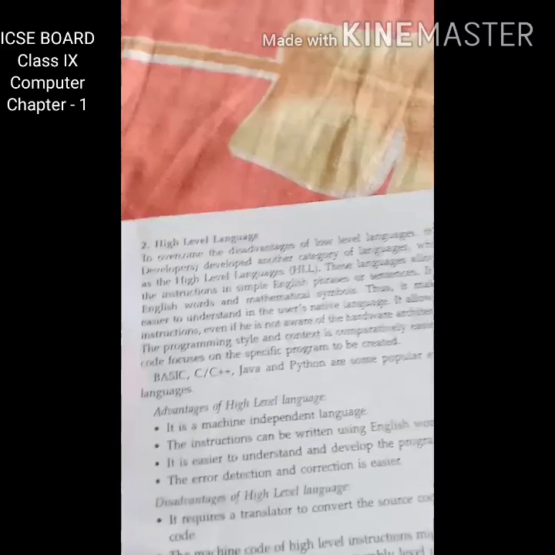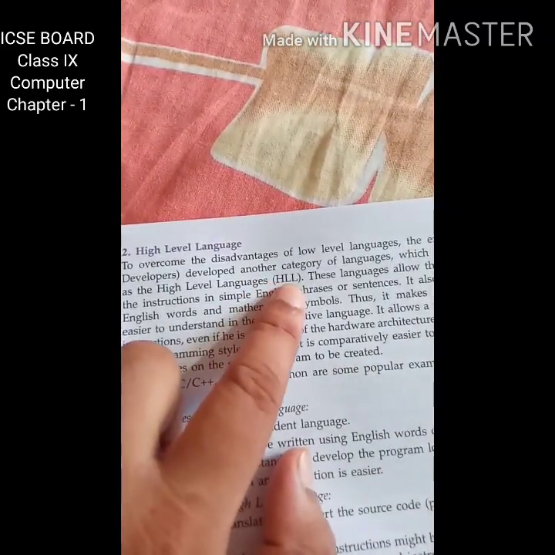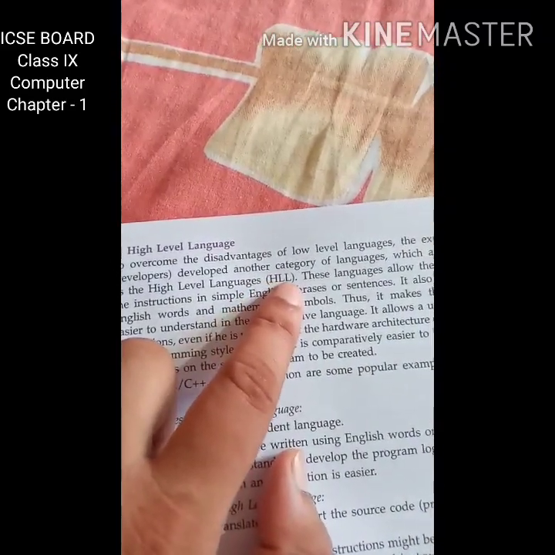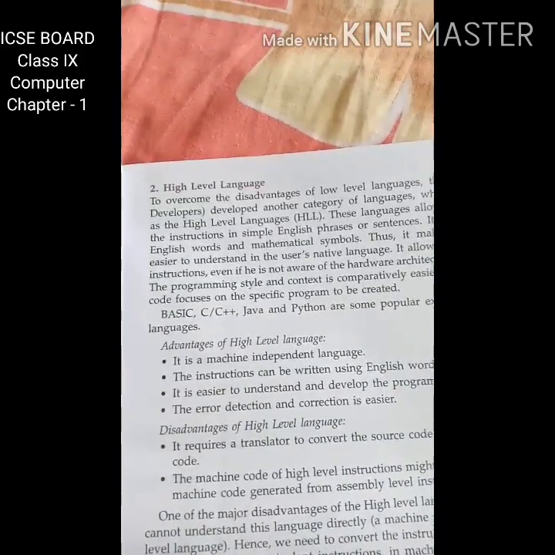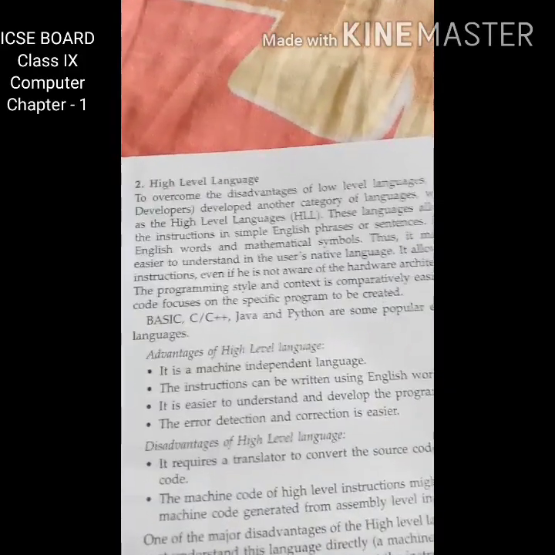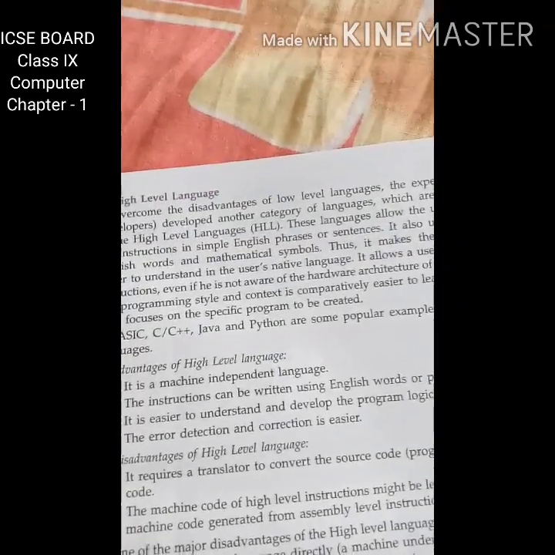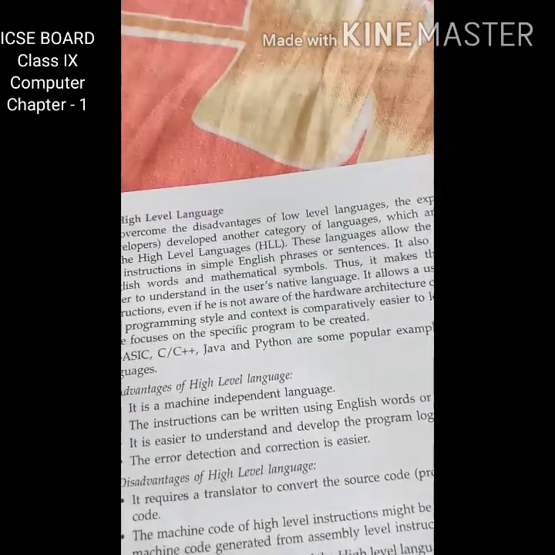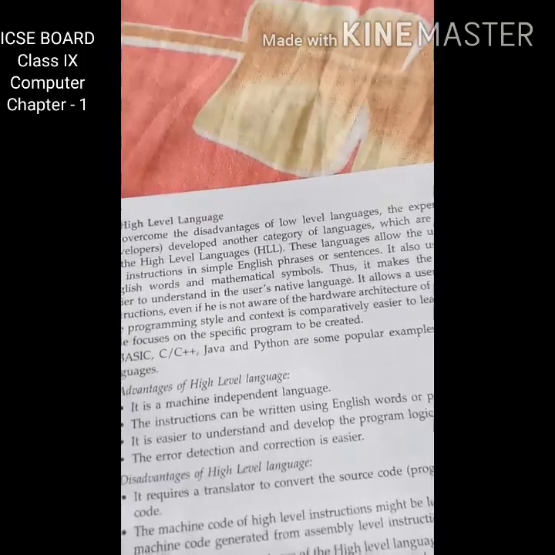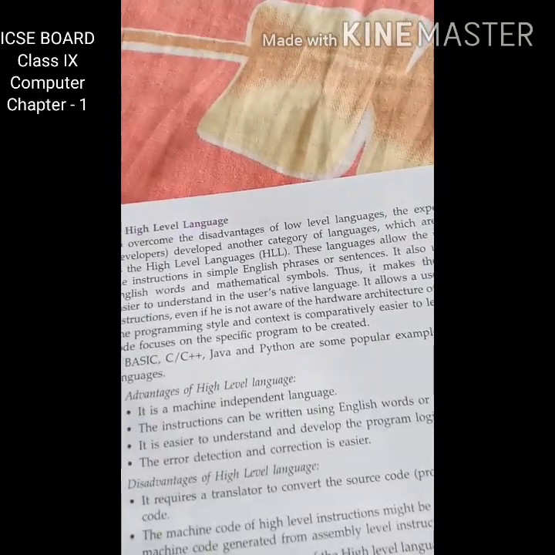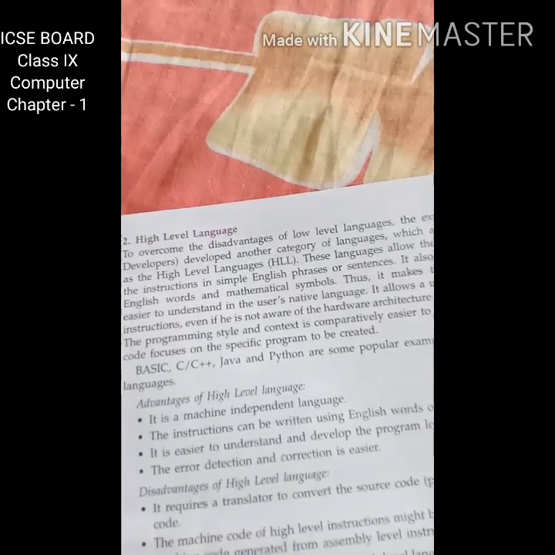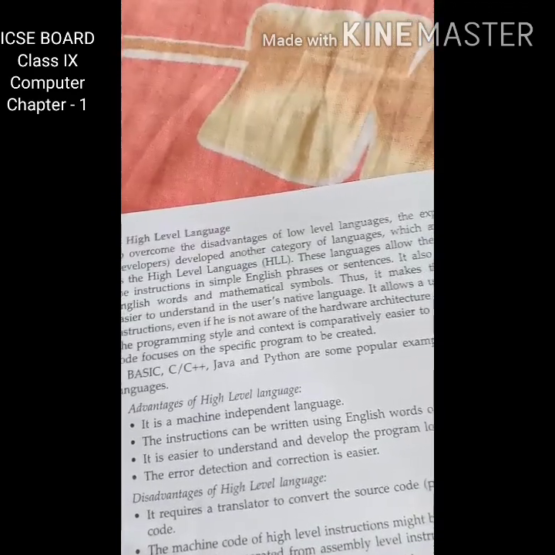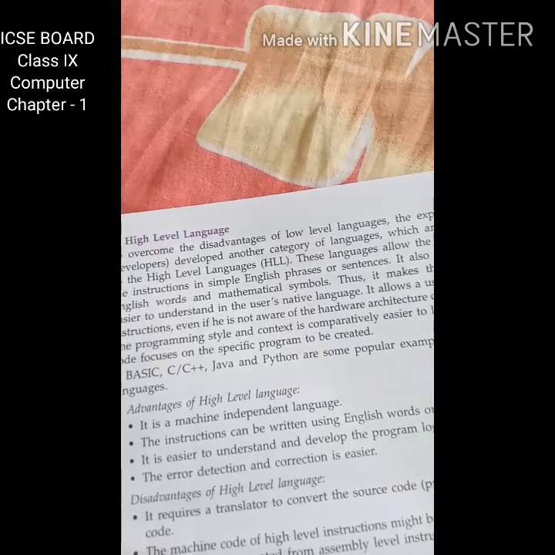High level language is called HLL. High level languages like C, C++, Java, Python, Smalltalk are easy to write, and a computer uses a translator to translate high level language into machine code and vice versa.